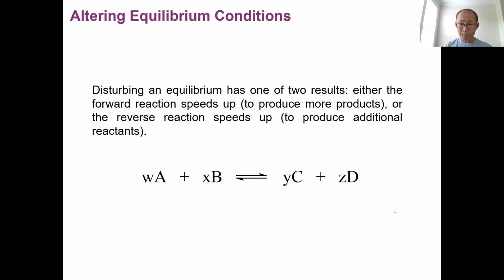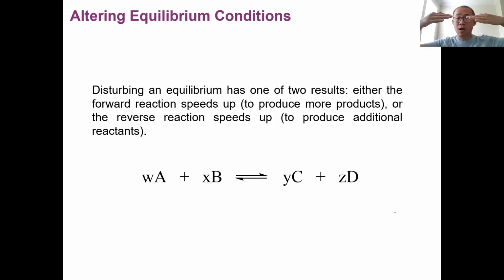Right now, our last topic of this chapter is still following the chemical equilibrium, where the forward and reverse reaction rates are the same. That's why there's equilibrium. Once the reaction reaches equilibrium, it will always be at equilibrium unless some factor or external condition disturbs it. When an equilibrium is disturbed, remember the reaction rates are the same before.